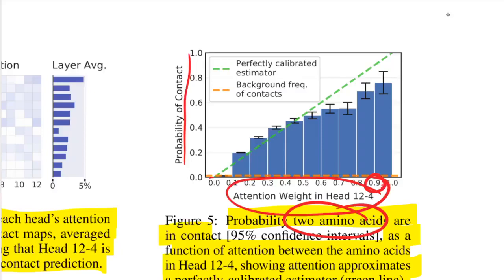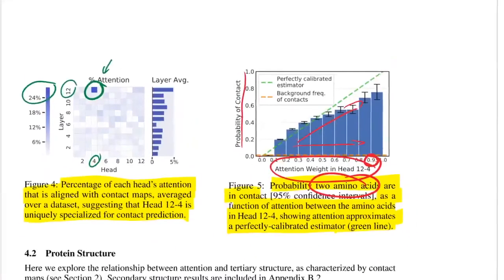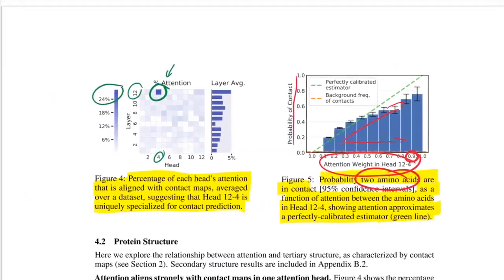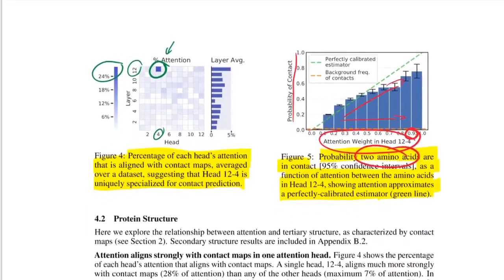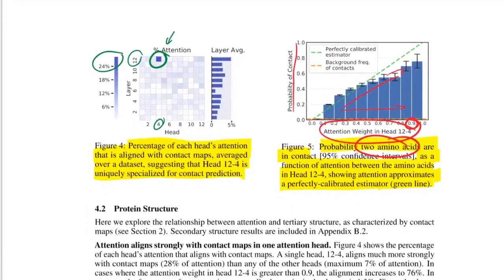And you can see the general trend that as the attention in this head rises, the probability of the two amino acids being in contact with each other also rises. So we can sort of confidently say that BERT has learned something about a higher level biological structure just from the language modeling objective.